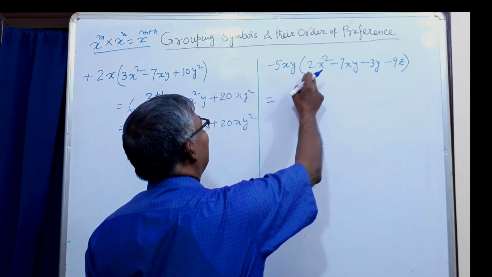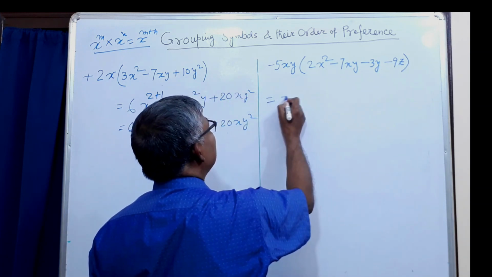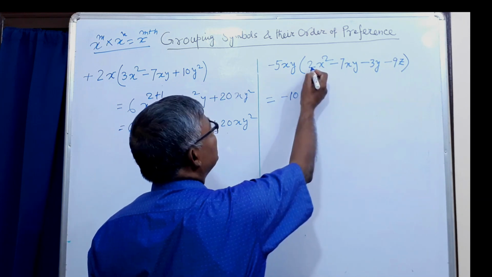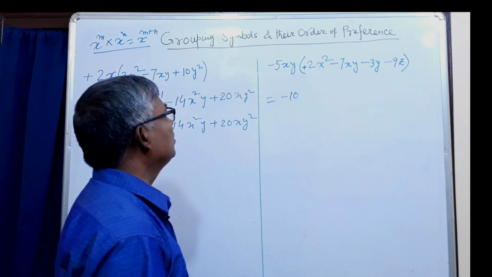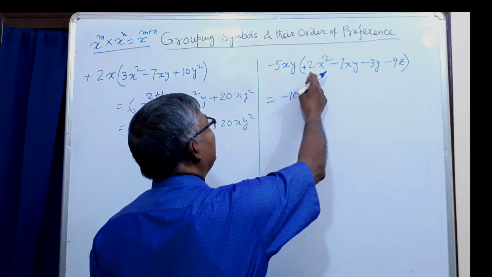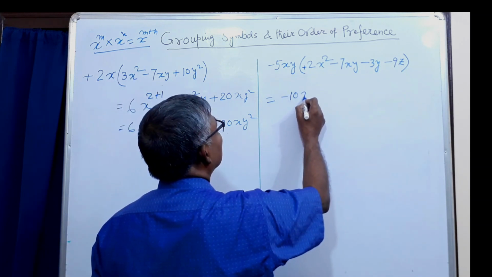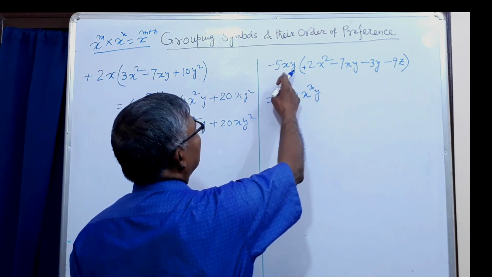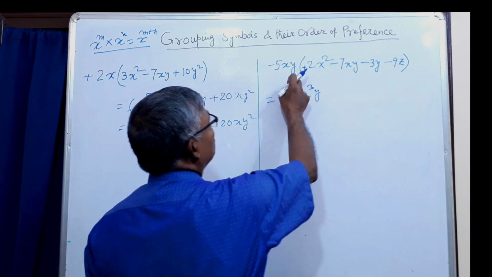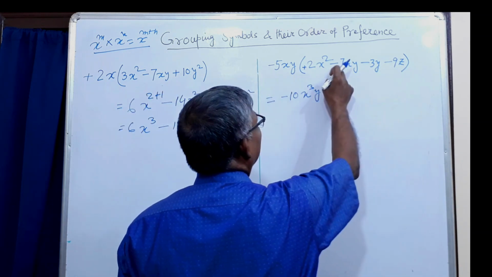So what would be 5 into 2, that is minus 10. Here is 2 means plus 2. So I have already told you the change of sign to be made, that is 10 x cube y, x into x square x cube, into y. It is a negative sign.